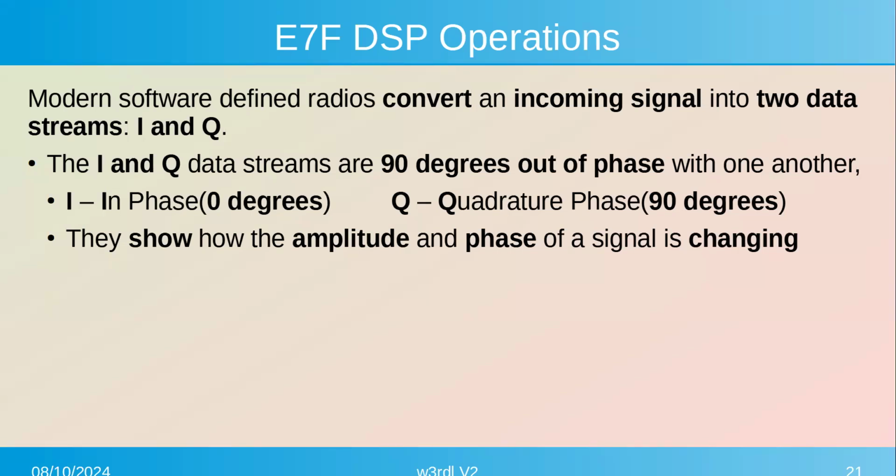So they're actually looking at the sine, which is the in phase portion of the wave, and the cosine, which is 90 degrees. And with those two, in DSP, you can effectively do the same thing that you do with mixer circuits to either generate or to modulate or demodulate.